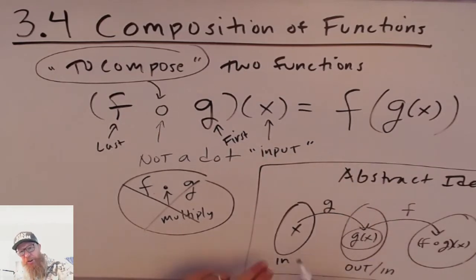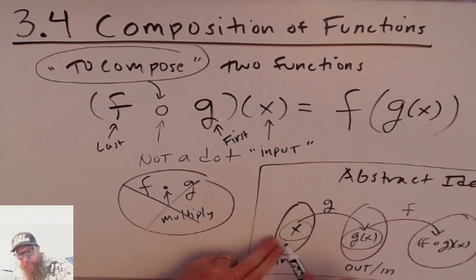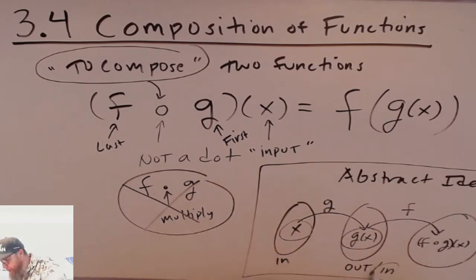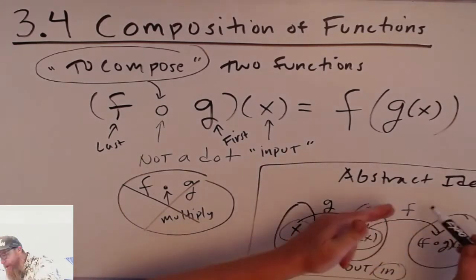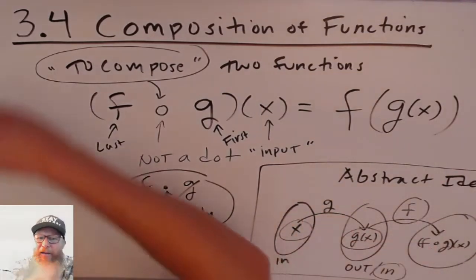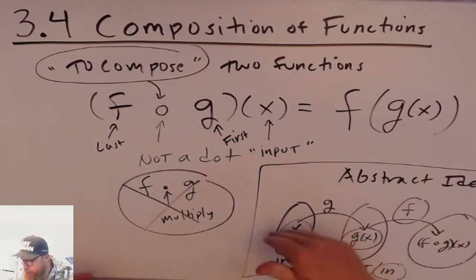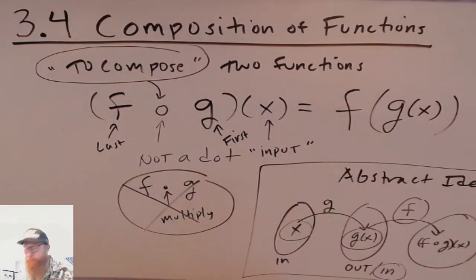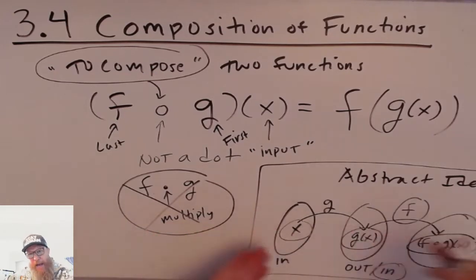So first, g takes the x value, produces an output. Then that output becomes the input for the f function, and then the f function takes it the rest of the way. It's kind of like a relay race. It's like g runs the first half of the race, hands off the baton to f, and then f runs the rest of the way. And so this would be the final composition. We call that composing.